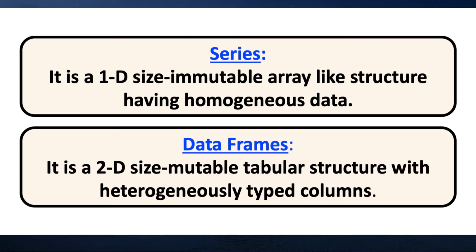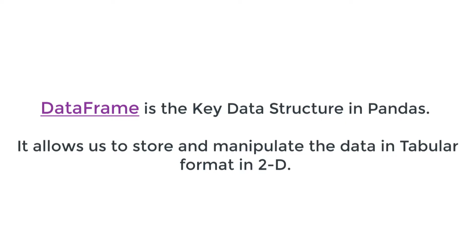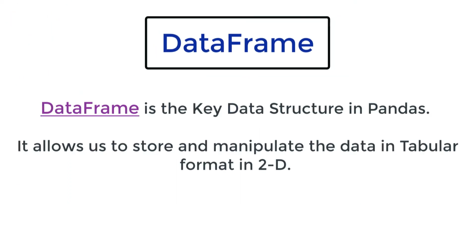So let's start with our journey. In this video, we are going to talk about the two important data structures, that is data frame and series. So we first start with the data frame. Data frame is the key data structure in Pandas. It allows us to store and manipulate tabular data as a two-dimension data structure. So it is a 2D tabular format.